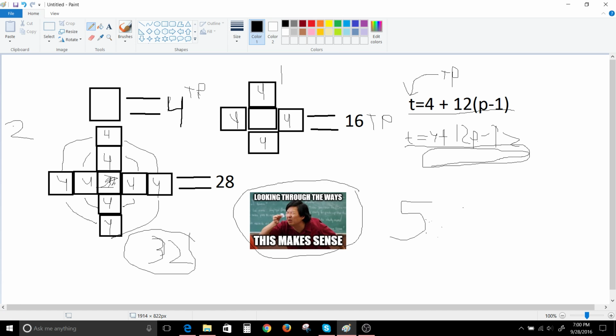And so what would end up happening is you would have 5 blocks on each side, which meant that you were going to have 20 blocks per each side. 20 on each side. And since there were 4 sides, you were going to multiply it by 4.